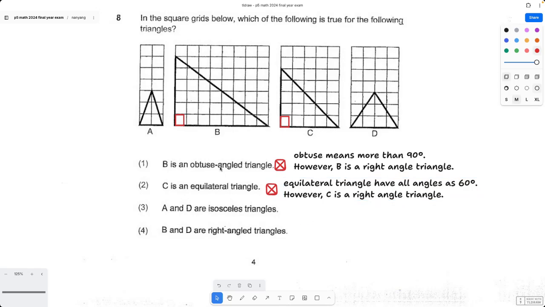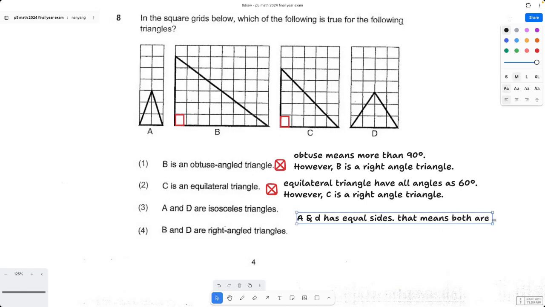Let's move on. A and D are isosceles triangles. How do you know? So in this case, A and D have equal sides, and that means both are isosceles.